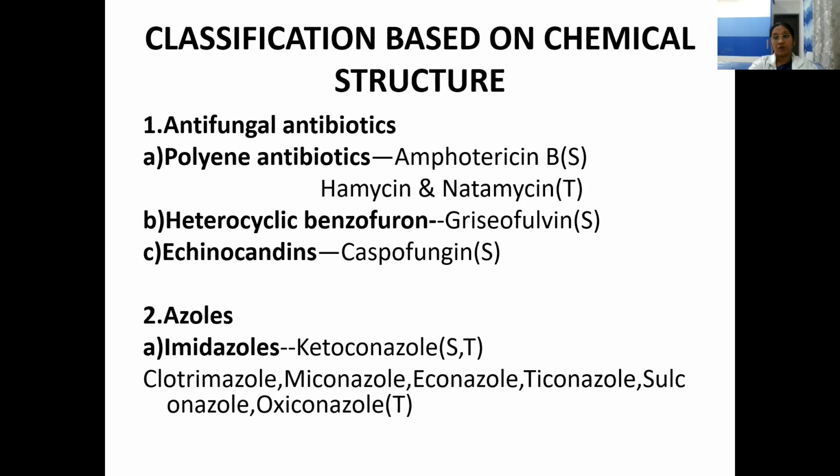This ketoconazole is used for both systemic and topical, that is, superficial infections. The other drugs are clotrimazole, miconazole, econazole, tioconazole, sulconazole, and also oxiconazole. All these are used for topical infections, that is, superficial infections.